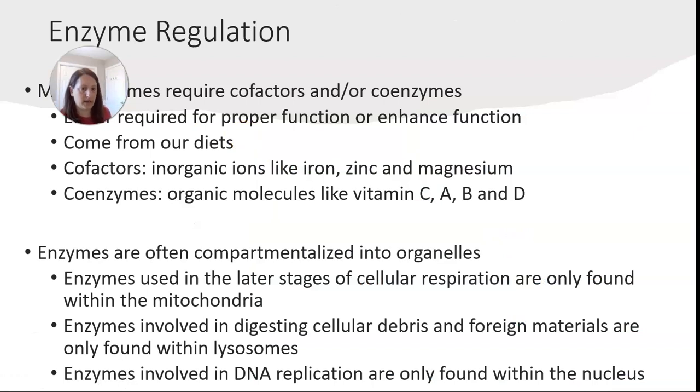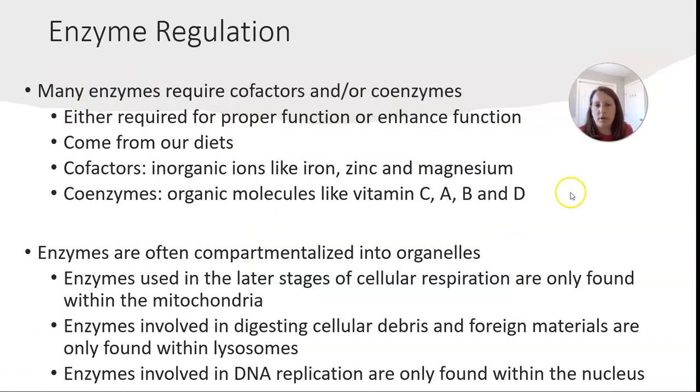Okay, last slide. So again, enzymes can be regulated by temperature, by pH, by inhibitors, by activators, by feedback inhibition. And then our last two listed here, enzymes can be regulated by cofactors or coenzymes. So many enzymes require cofactors or coenzymes to either function, they can't function without them, or to have enhanced function, so full function.